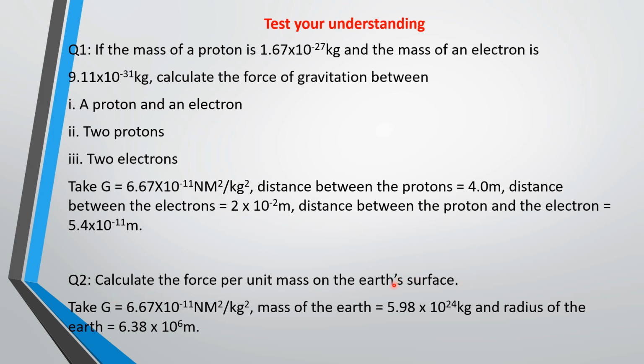We had the equation for force per unit mass. Remember that force per unit mass equals acceleration due to gravity, and you know the equation for it. So just go through and you should be able to solve these problems easily.